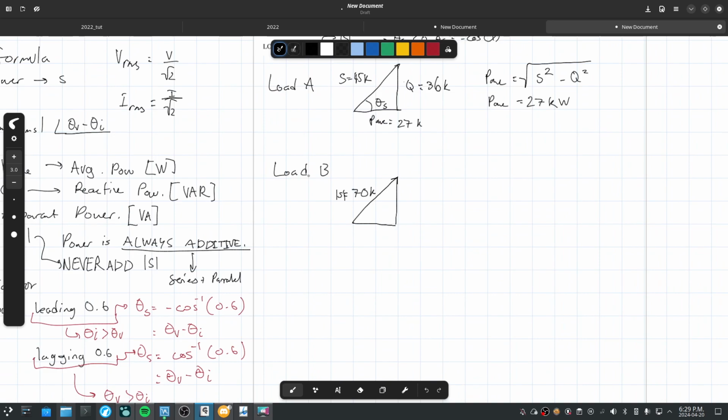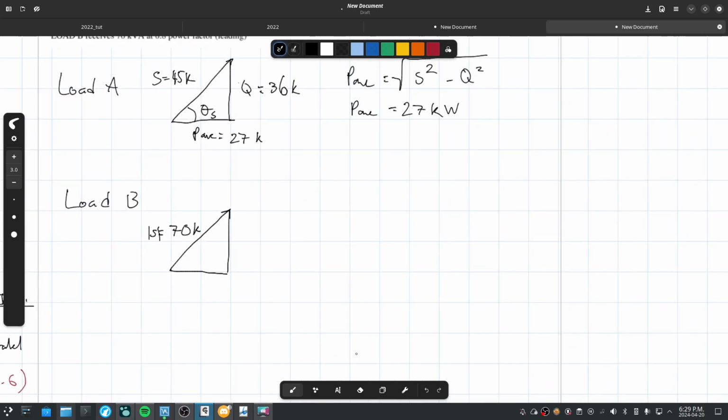Wait, since it's leading, shouldn't the triangle be pointing down? You are correct, and I'm forgetful. I told myself I would do that, but I forget. Okay, thank you. S is 70,000. This is our theta S. This is our Q, and this is our P average.